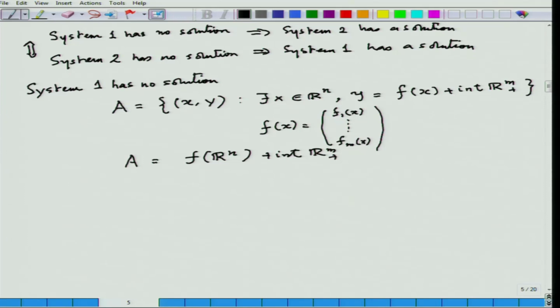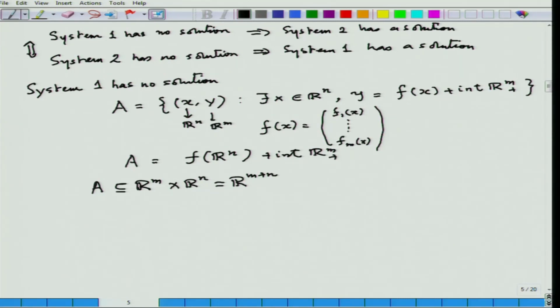This is the way A can be written. Now, if you look at it carefully, this is in Rn and this is in Rm. So, A is a subset of the Cartesian product Rm cross Rn, that is, it is in the space Rm plus n.